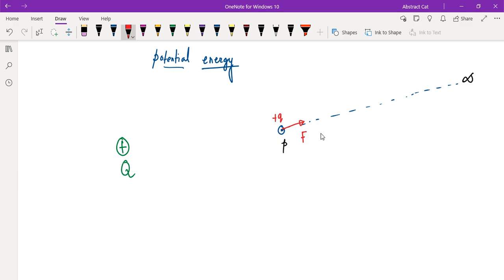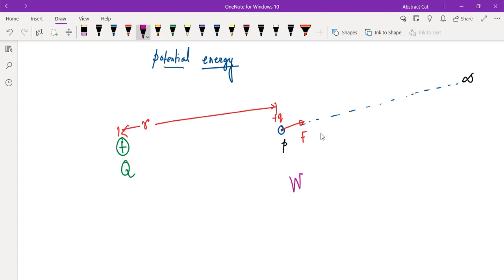Now if the separation between these two is r, the question is r, okay. So the work done, okay, and we know that work done and energy are related, okay.